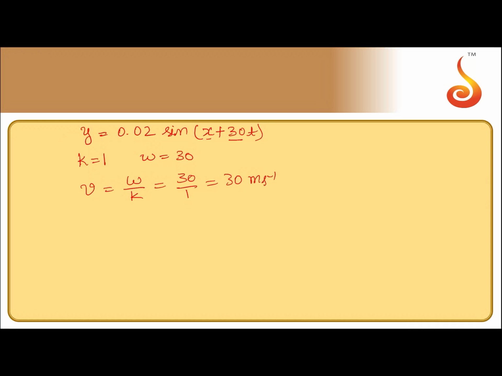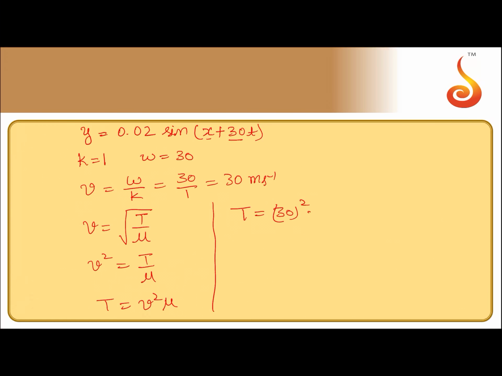Now tension is needed, velocity is known, linear density is given, you need to find tension in the string only. So v is equal to root of T by mu. So v square is equal to T by mu. T is equal to v square into mu. So substitute and simplify.